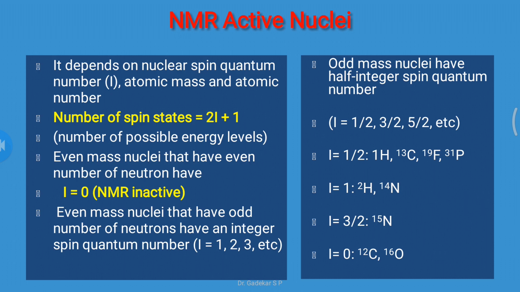But I equal to 0: carbon 12 has even mass number as well as even atomic number, C6 with mass 12; oxygen has atomic number 8 and mass number 16, so even atomic number and even mass number. C12 and O16 are NMR inactive.